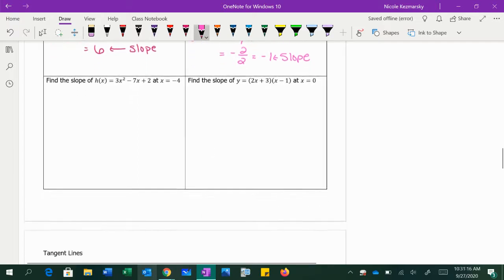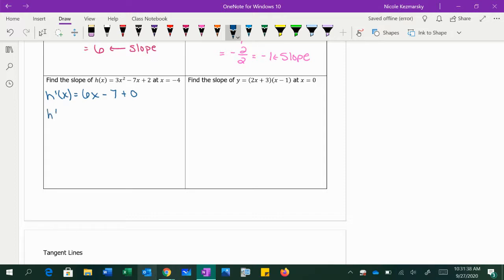Let's try the same thing for the next couple of examples. So for h prime of x, I've got multiple terms here, so I'm just going to go down the line. The derivative of 3x squared is 6x. The derivative of -7x is -7. And the derivative of 2 is 0.